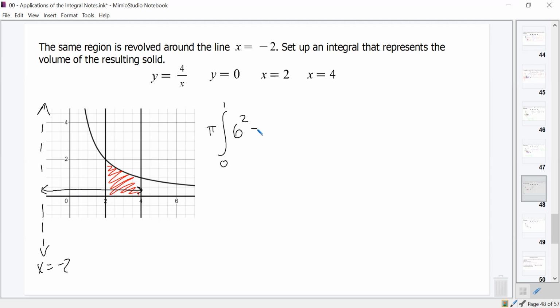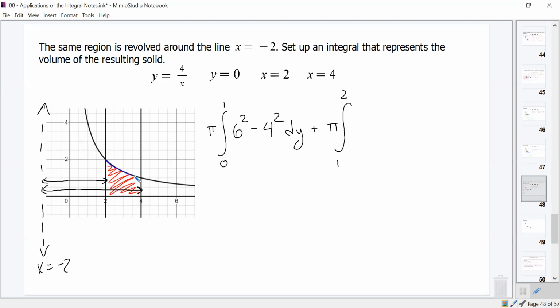And then minus our inner radius, which extends from that same line over to x equals 2, the left bound of our region, which is 4 units. So 6 squared minus 4 squared dy. And then we'll add to that pi times the integral from 1 to 2 of our outer radius.